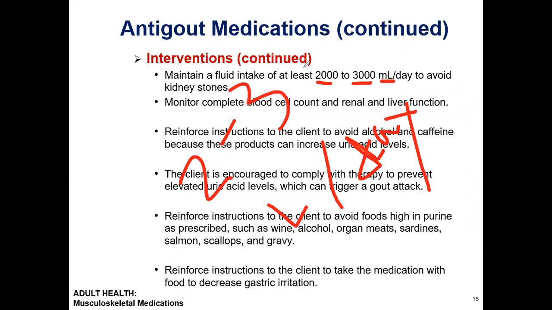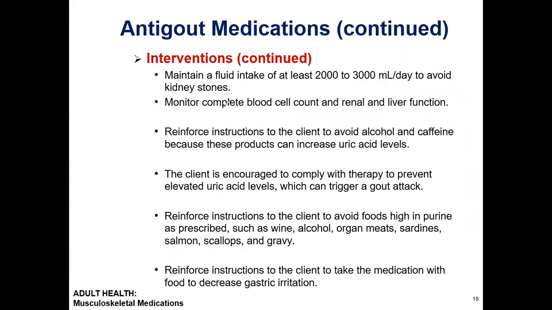Also, we need to monitor the complete blood count. Why the complete blood count? Because a common side effect is blood decreases. Re-educate the client to avoid alcohol and caffeine because these products can increase the uric acid level.